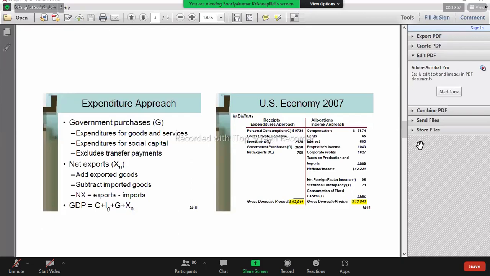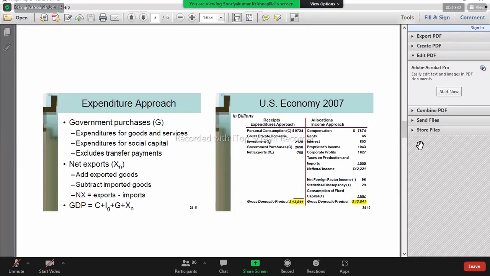So this interest is not only from domestically supplied capital, but also international. So this interest includes capital supplied for domestically produced goods or foreign produced goods. Proprietor's income: a single owner firm can get income if they invest in other countries.